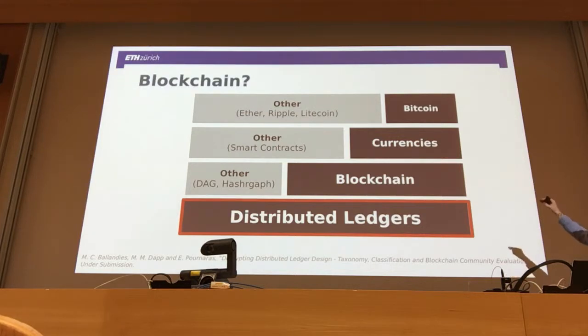One application of this blockchain is currencies, but another type is also smart contracts. I will talk about it in a second. And one type of these currencies is Bitcoin. Many people have heard about it, but there are also other currencies. So just to get the terminology clear.